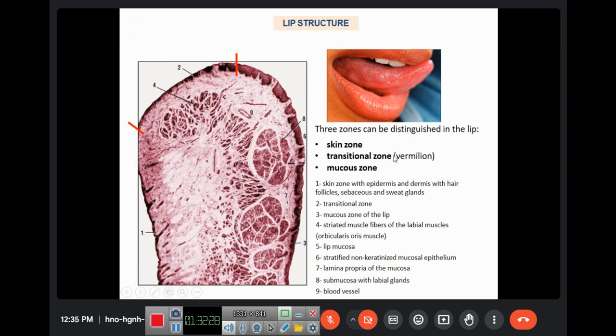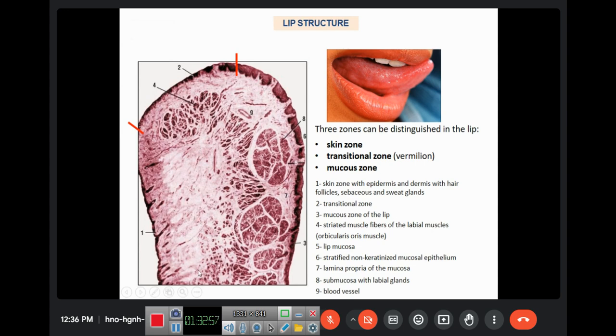Next, transitional zone or vermilion, it is the reddish part of the lip. This part upon which we use the lipstick. And the third part is the mucous part or mucous zone. It is the most innermost zone which faces the teeth.